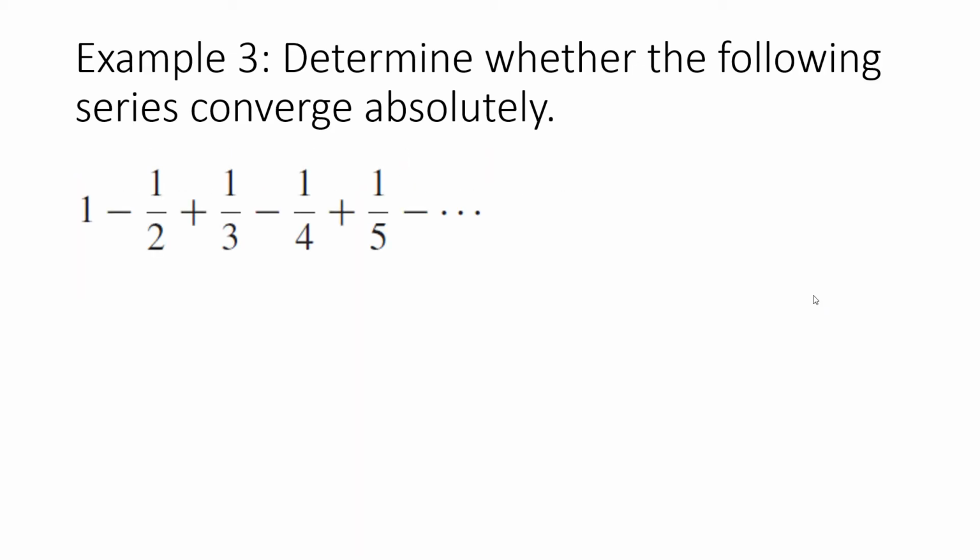So again, you have 1 minus 1 half plus 1 third minus 1 fourth plus 1 fifth minus so on. The series of absolute values is the divergent harmonic series. We also already calculated this in our previous discussion.